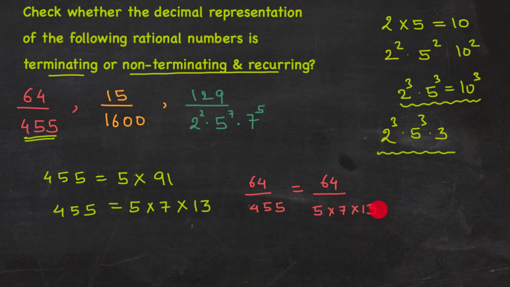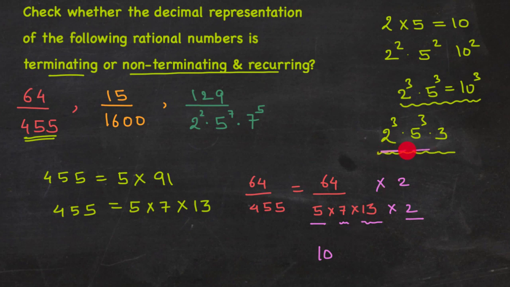Now, is there a possibility to get a power of 10 in the denominator? Let's see. I have one 5, so if I would multiply both numerator and denominator with a 2, this 2 and this 5 would combine and give me 10. But what should I multiply this denominator with so that I can change this 7 and 13 again into 10? That's not possible because I can get 10 only if I have a 2 and a 5.